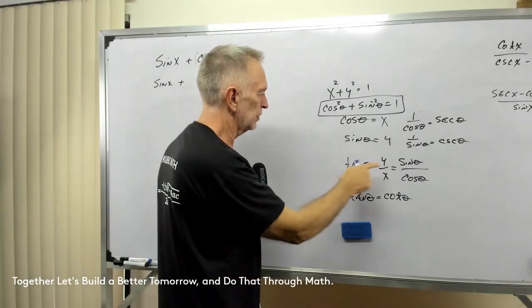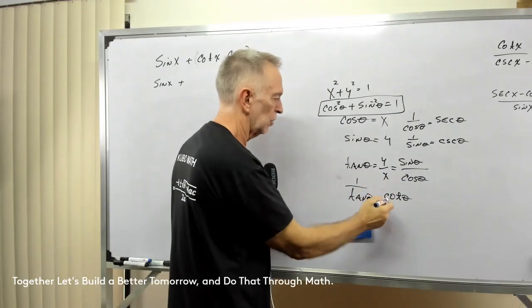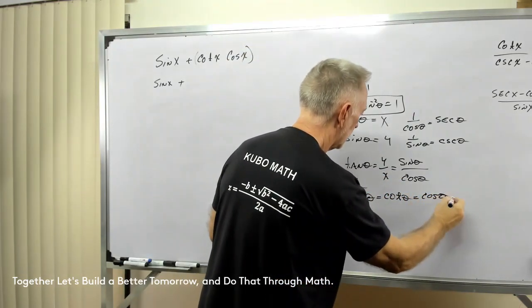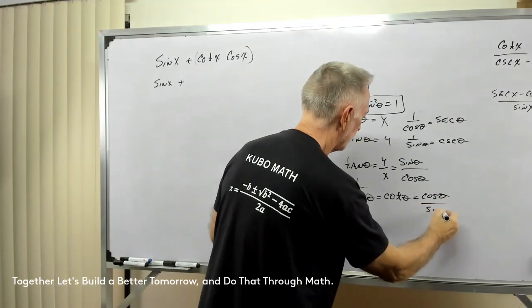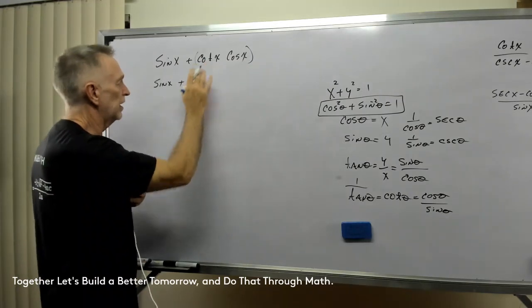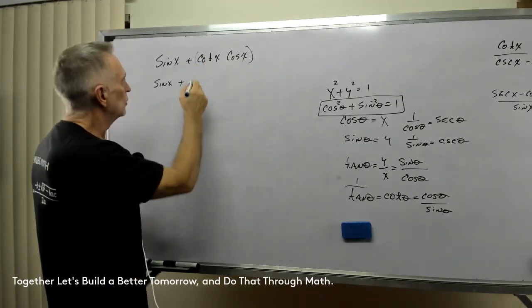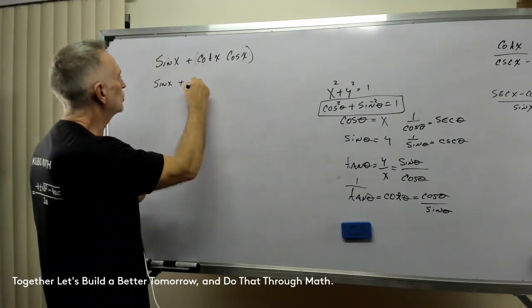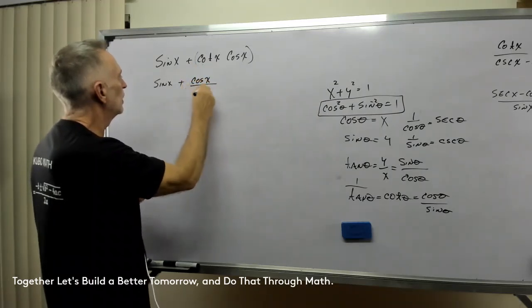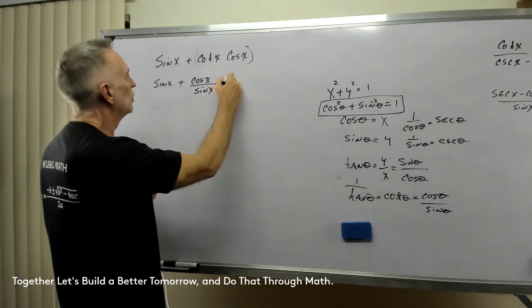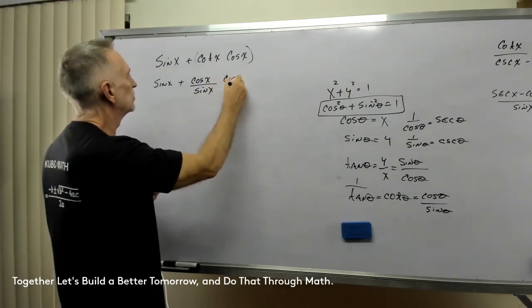If tangent is sine over cosine, cotangent then is cosine over sine. In this case we have an x instead of theta. So let's convert cotangent into cosine x over sine x, and that's times cosine x.